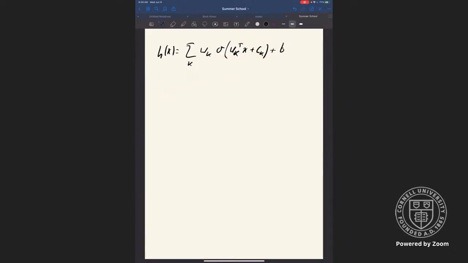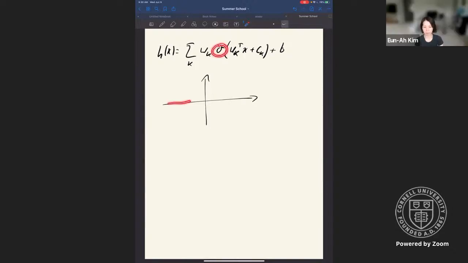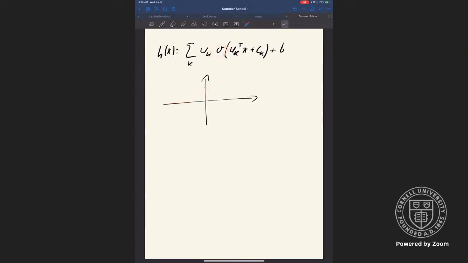So if you just do this in 1D, then each of these functions fk has the following shape. Sorry, let me just take 1 second. So the sigmoid basically goes like this.